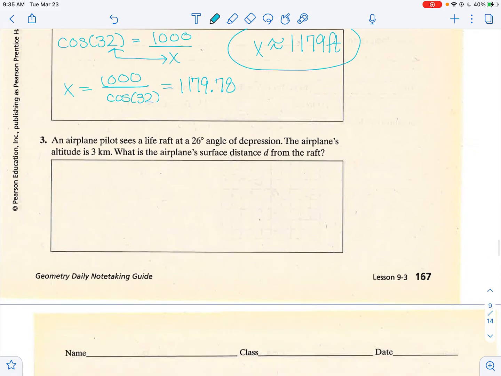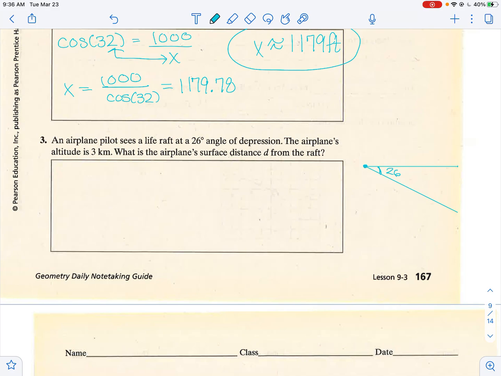All right, last problem. An airplane pilot sees a life raft at a 26-degree angle of depression. So we're going to put the airplane flying straight here. And I won't draw the airplane. Okay, then at a 26-degree angle of depression, he sees a life raft.